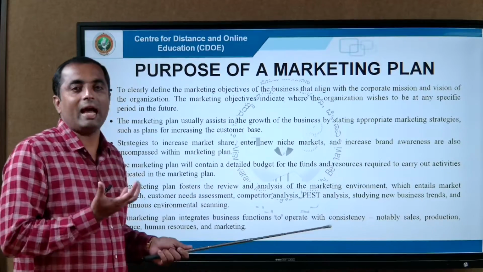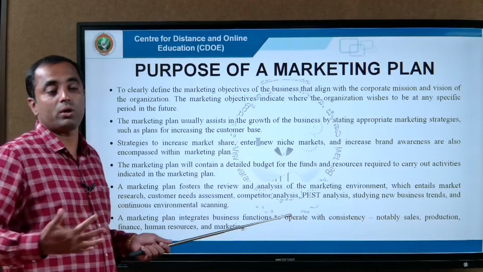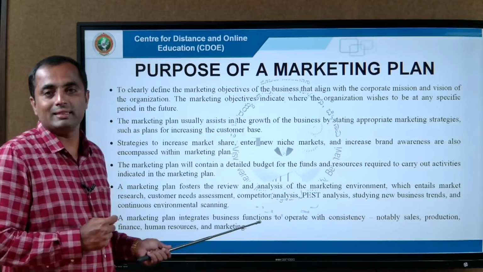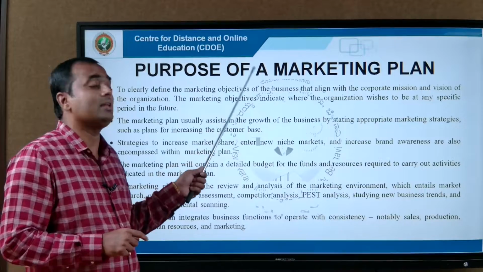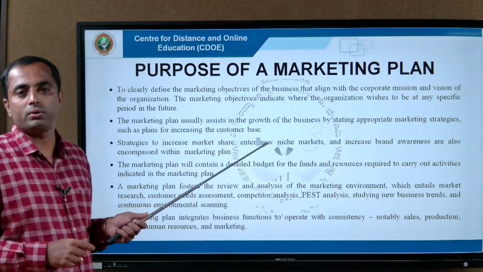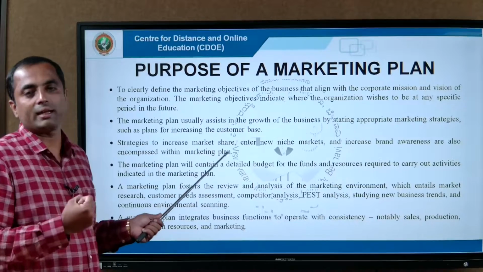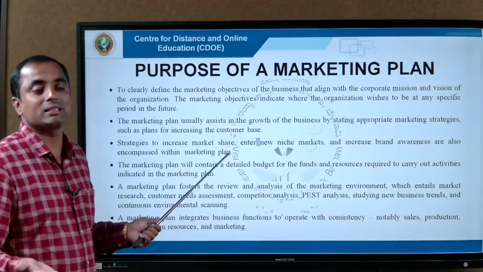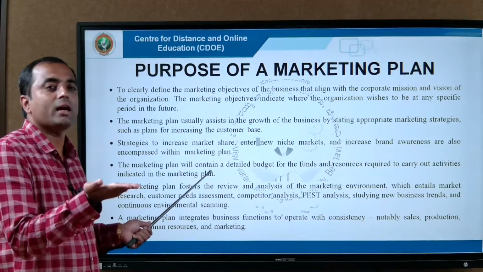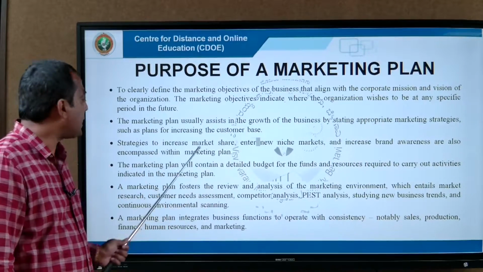In order to have a continuous scanning of the environment, to understand what changes are happening and to adapt to those changes, you definitely need a clear-cut marketing plan. So a marketing plan plays a very important role for inner and outer activities which you plan in marketing. To make all of them successful, to make you a better marketer and to meet the competitors, you need a clear-cut and strong marketing plan.